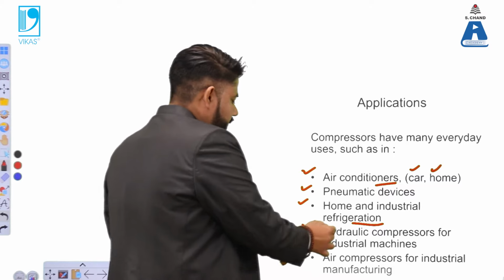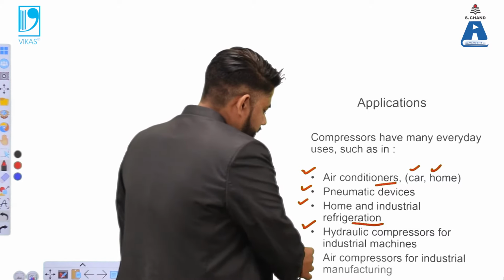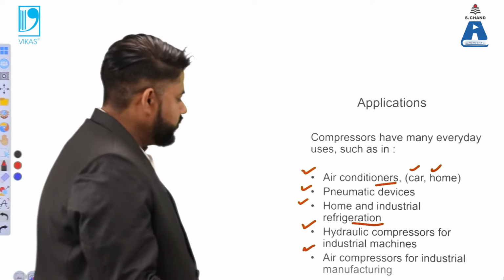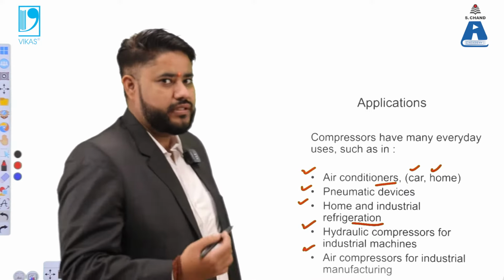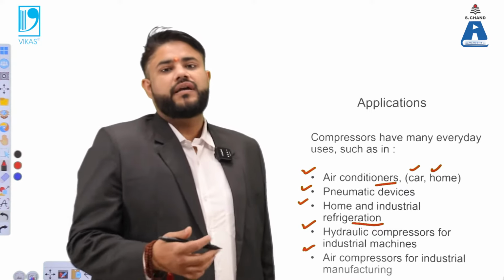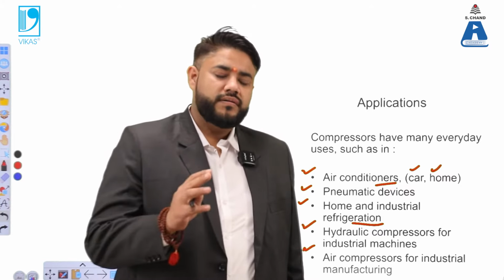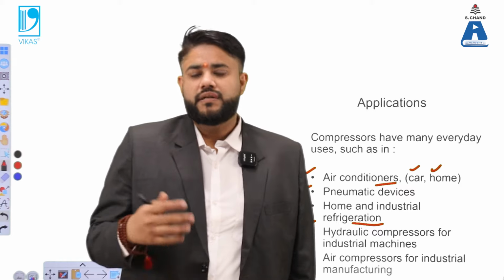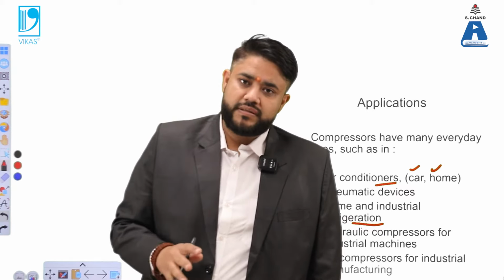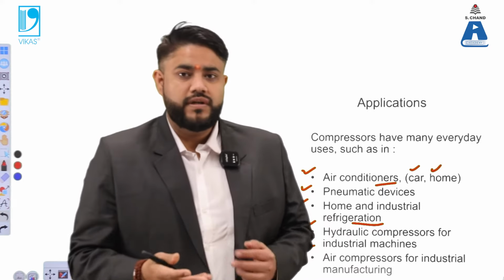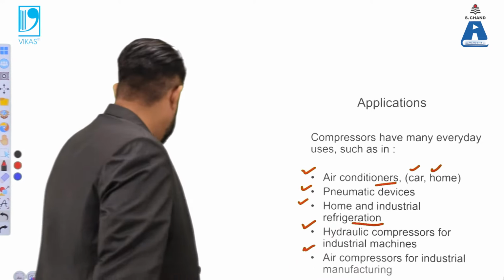It is also used for hydraulic machines, and air compressors are used for industrial manufacturing. There are application areas like abrasive jet machining, or other machining aspects, in which compressed air is produced with the help of these air compressors.